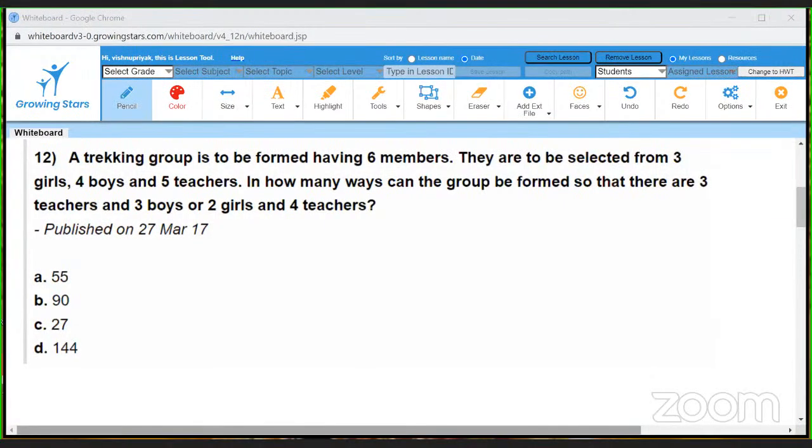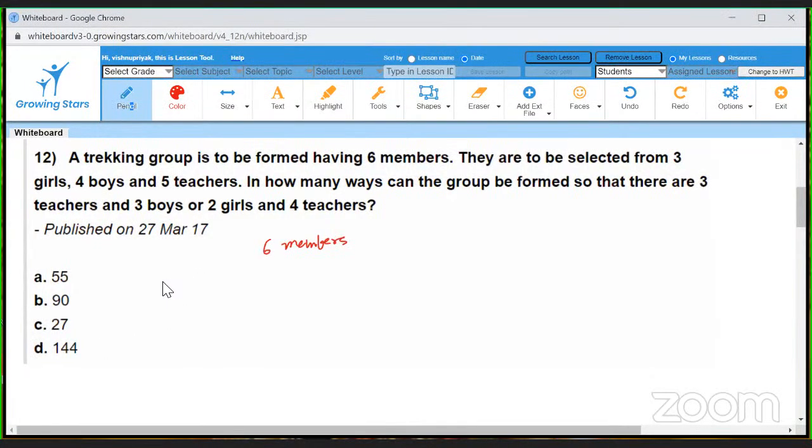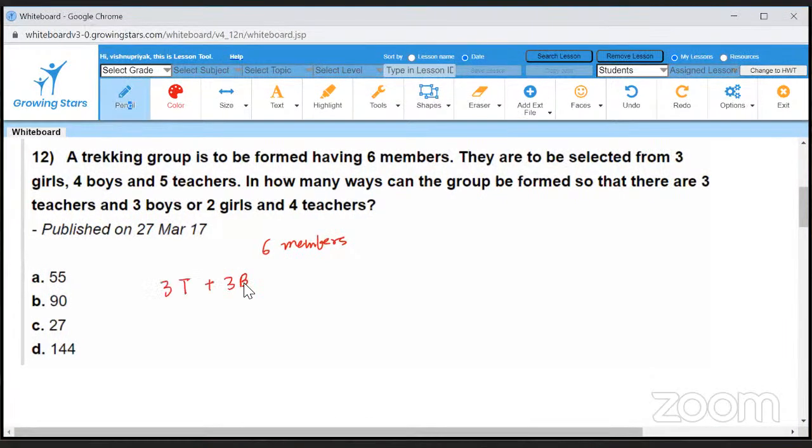So we have to select 6 members. But there are 2 cases: 3 teachers plus 3 boys, or the other one, 2 girls plus 4 teachers. 2 cases are there to follow.